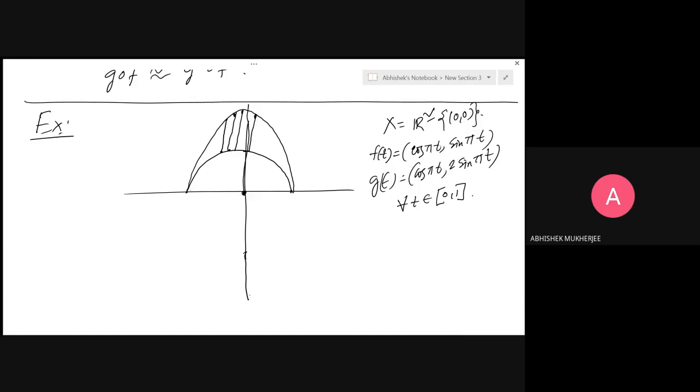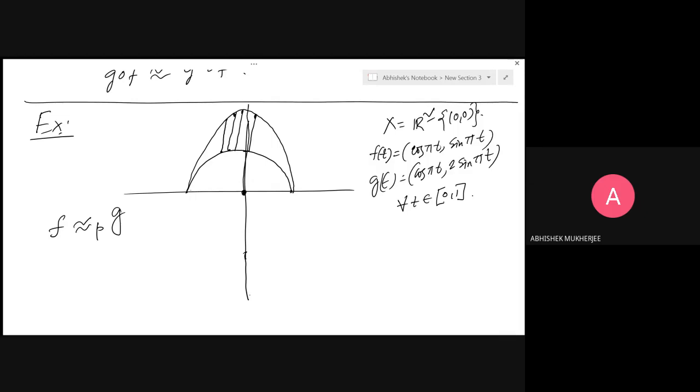In this way you can say that F is path homotopic to G, because this deformation is continuous. The plane is punctured at 0, so you need not have any problem.